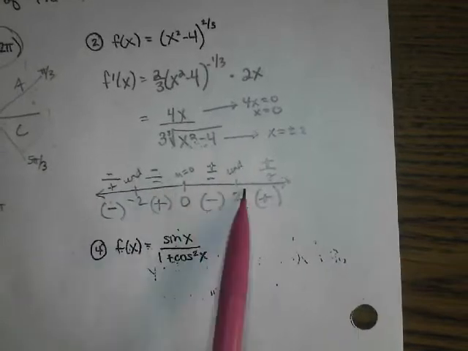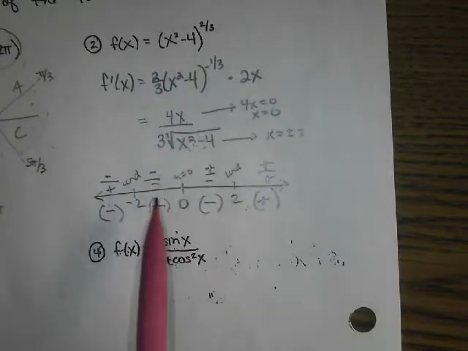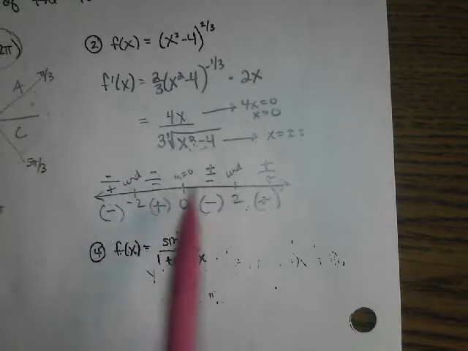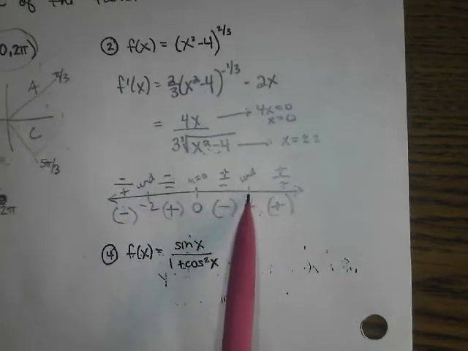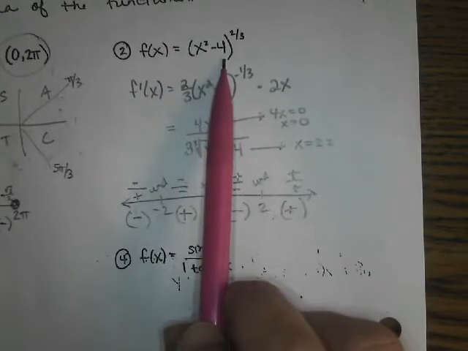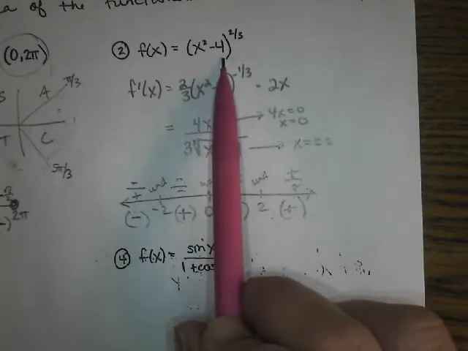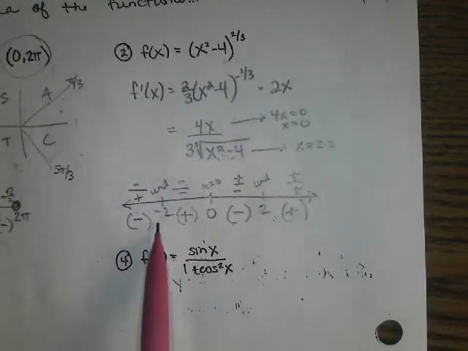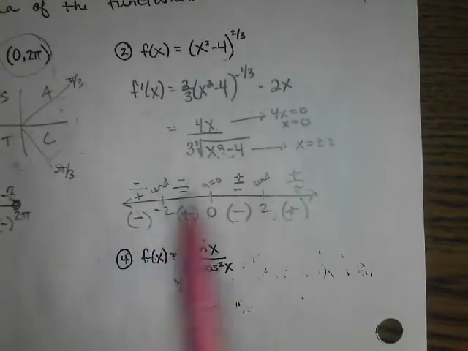Versus if these were undefined points in your original, there would be no point there, so you couldn't treat it as a relative max or min. But we do have a relative minimum at -2, a relative max, a relative min again.